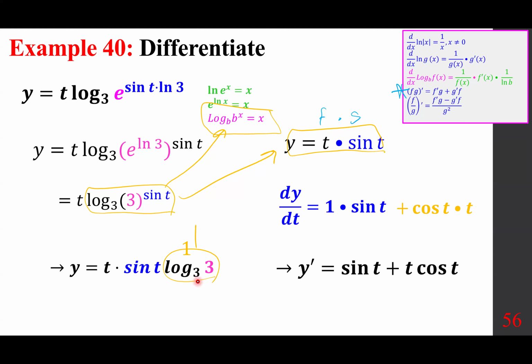You should know that, right? Log b base b is 1. When the argument and the base are the same, the answer is 1. And that's exactly what happens here. And you can get rid of it because 1 is an identity element of multiplication.